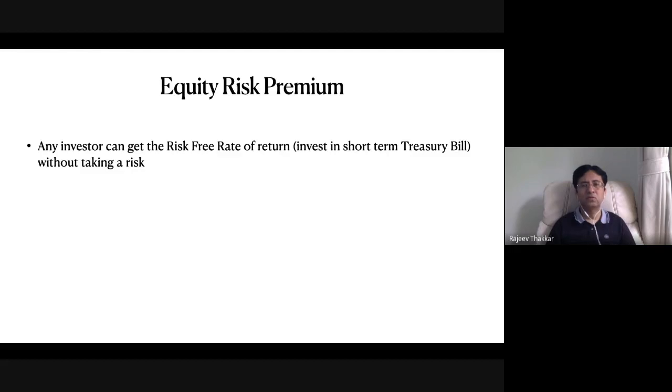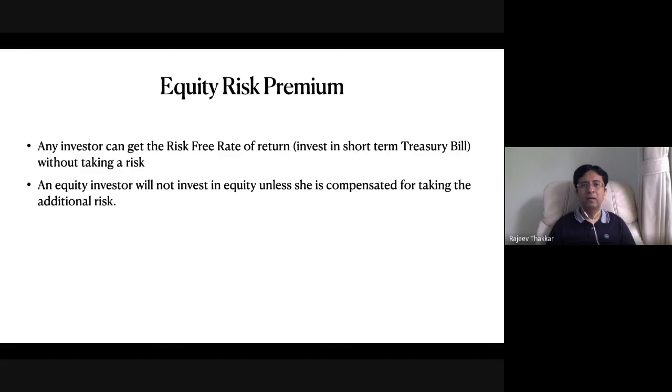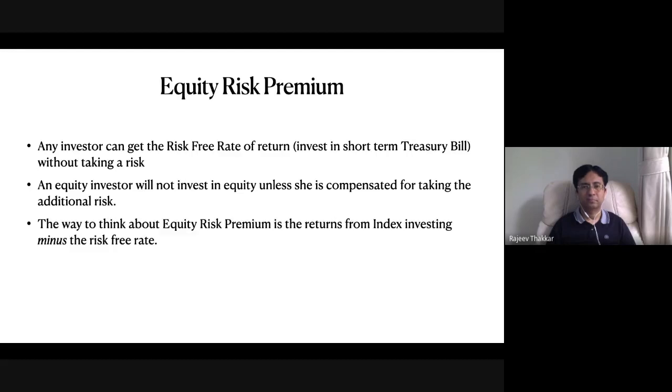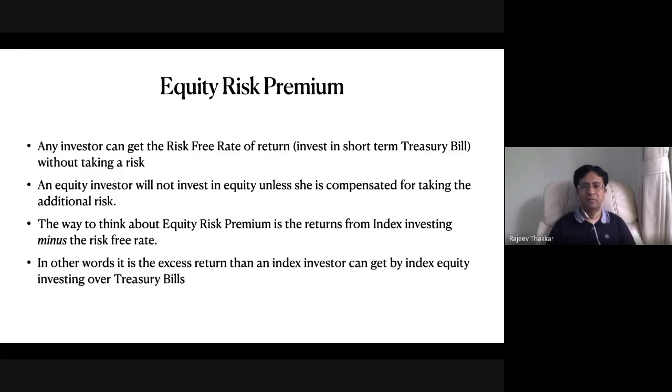The investor simply has to invest money in short-term treasury bill. And people would typically not invest in equity shares unless they at least expect a higher rate of return for taking the additional risk. And simply the market return minus the risk-free rate is the equity risk premium. This is essentially the same thing.